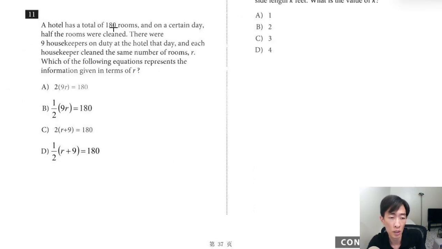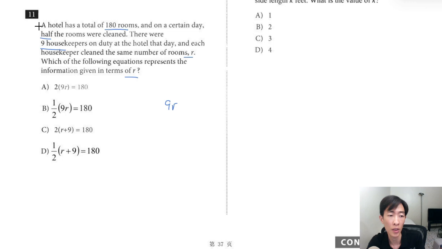Question 11. A hotel has a total of 180 rooms on a certain day. Half the rooms were cleaned. 9 housekeepers are on duty, and each housekeeper cleaned the same number of rooms R. Which of the following equations represents the information given in terms of R? So to me, the easiest part of this problem is you've got 9 housekeepers cleaning R rooms. So the total number of rooms cleaned is going to be 9R.